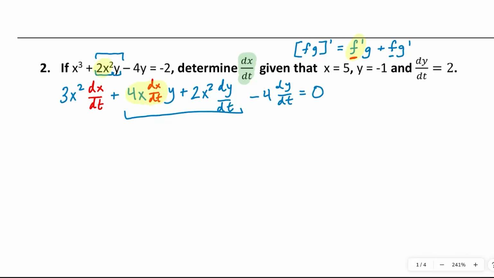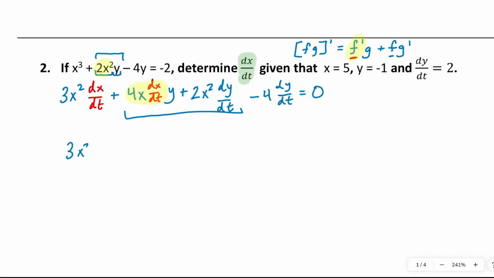Okay, so here we're trying to solve for dx dt. So I'm going to isolate that variable. I really don't need to move any terms, but I'm going to leave the terms that have dx dt over to the left, and then these other two terms that don't have a dx dt, I'm going to move to the right.